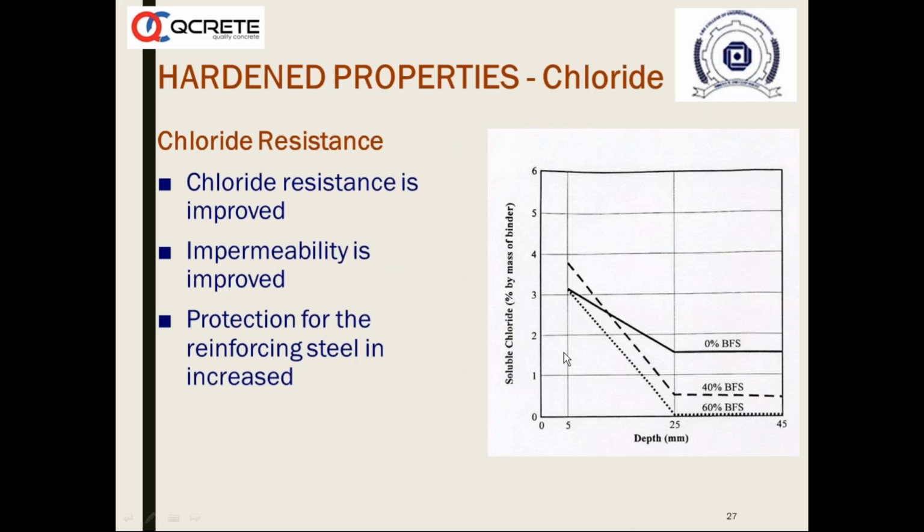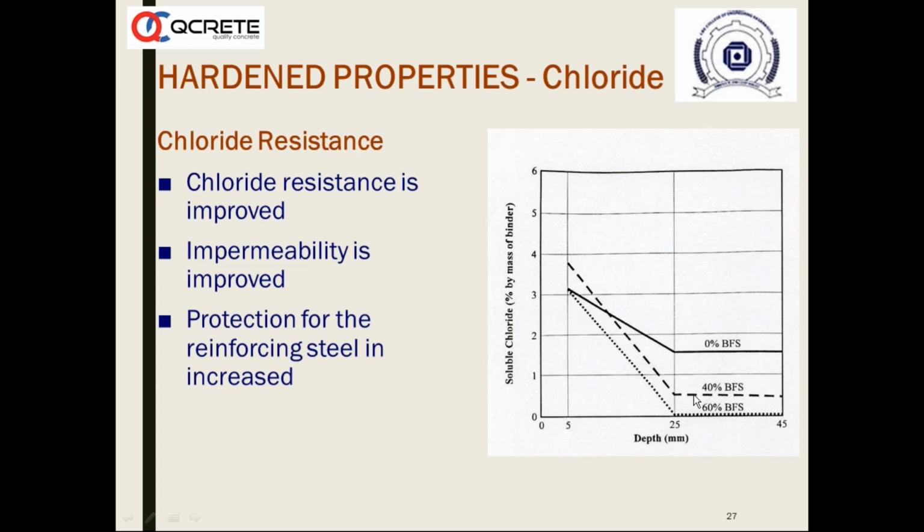This particular graph, I draw your attention to, as students of concrete technology. For example, you have made a concrete, and in this concrete, you go to a depth of 25 mm. When you have traveled to a depth of 25 mm, if you have used no blast furnace slag, that is 0% BFS, the amount of chloride available is 1.8% or 1.7%.